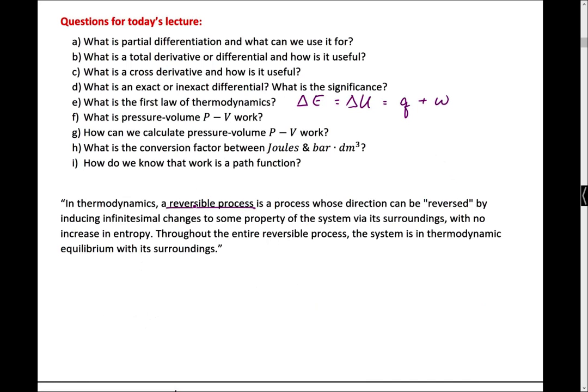We're going to use this concept of a reversible process. So I wanted to just talk a little bit about this at the outset. How many people recall hearing about reversible processes before? All right, so a number of you. All right, so this is sometimes a difficult concept to wrap your head around.